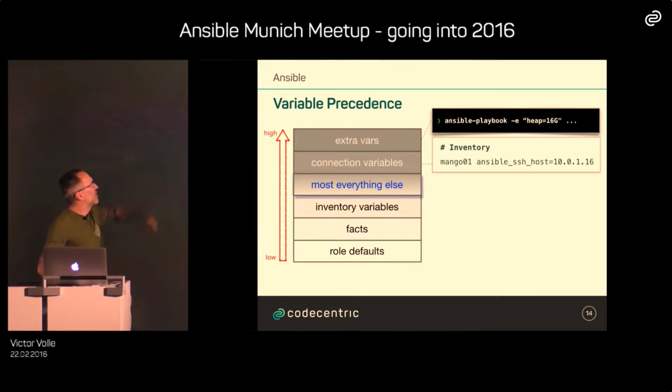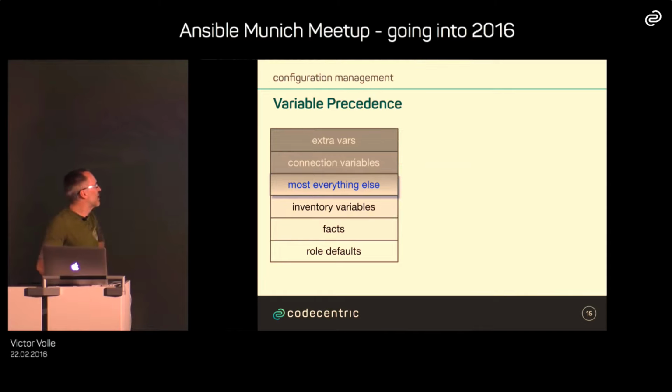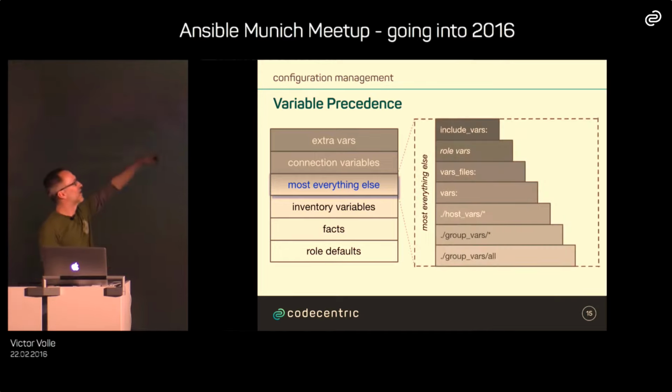You have connection variables, you have inventory variables, we had that, you have facts, and you have the role defaults. But the most interesting is most everything else.